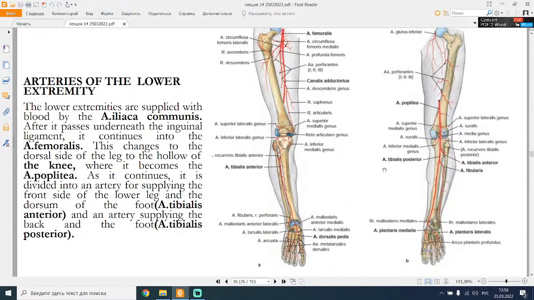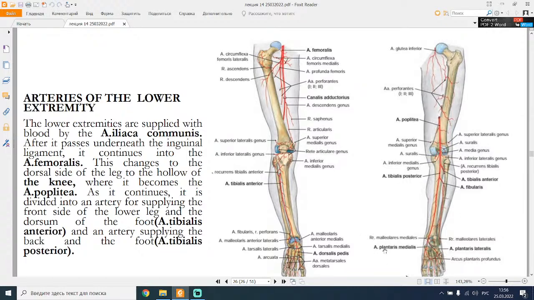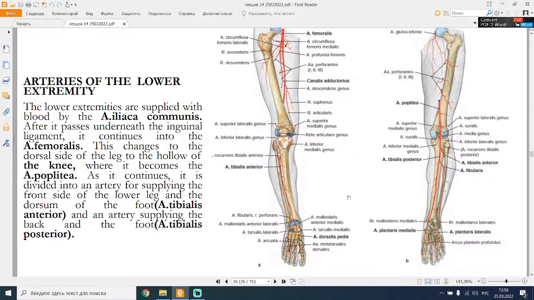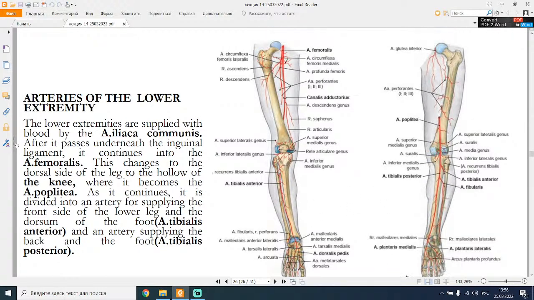Arteries of the lower extremity. You see the picture. These are the arteries. The lower extremities are supplied with blood by the iliaca communis.